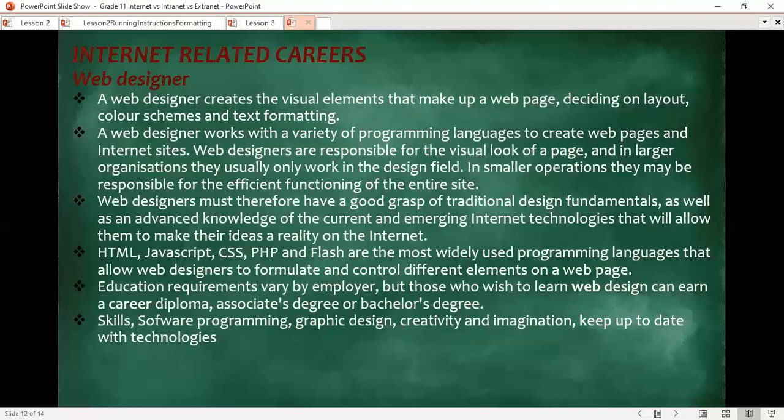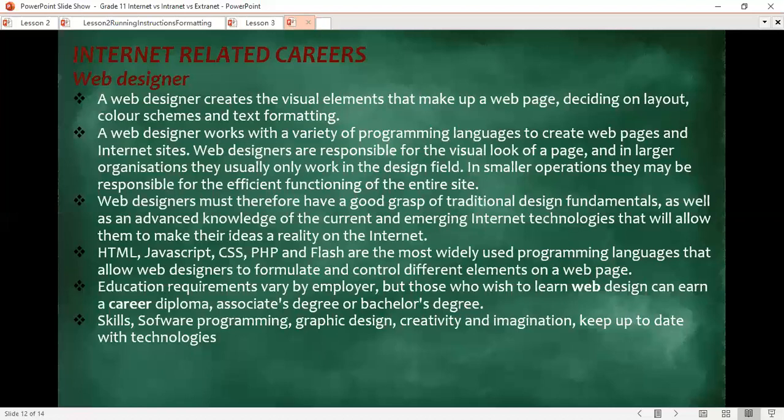For example, if you visit sites like WordPress or Wix or Weebly, you can find templates of websites that are already designed, but they don't have content.